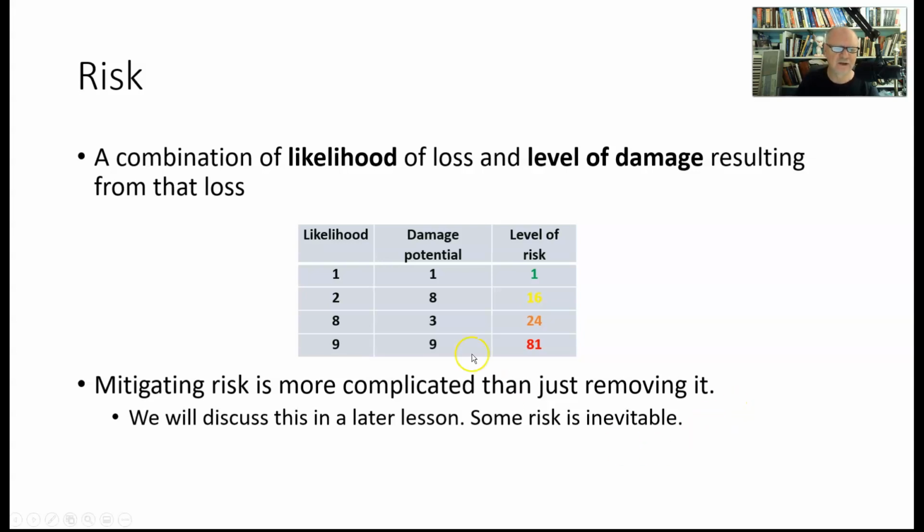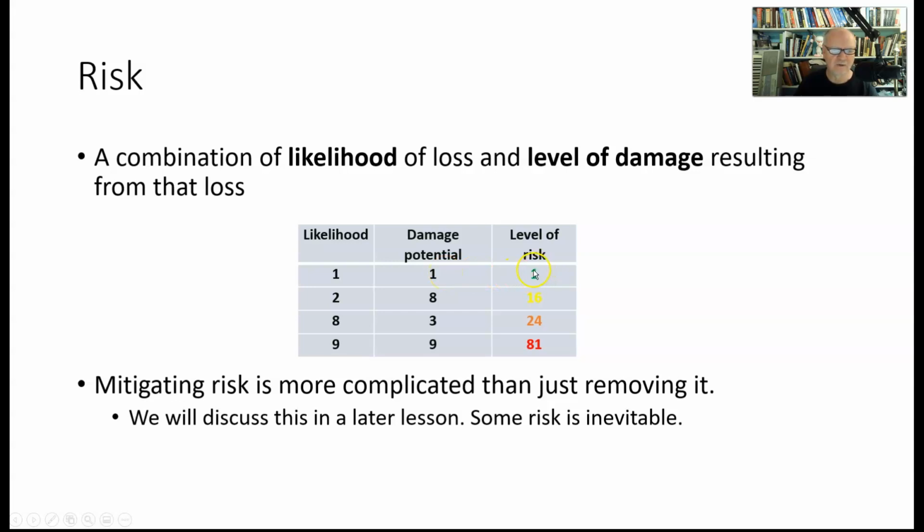If we have a very low likelihood, let's just say that I assign the likelihood of something happening by percentage. There's a 10% chance or a 20% chance or an 80% chance or a 90% chance that something could happen. And then the damage potential if it does happen. If I have, say, a low loss, I'll just assign it a 1, and a high loss, I'll assign it a high number like an 8 or a 9. And then if I multiply those numbers together, I can kind of get a level of risk. It's very unlikely, and the damage, if it does happen, is very low.